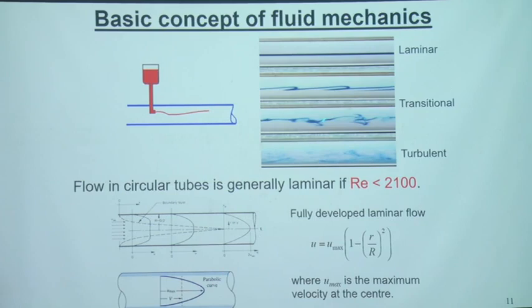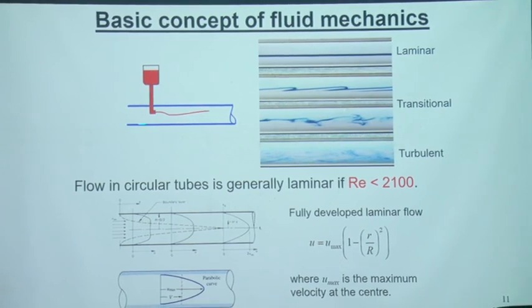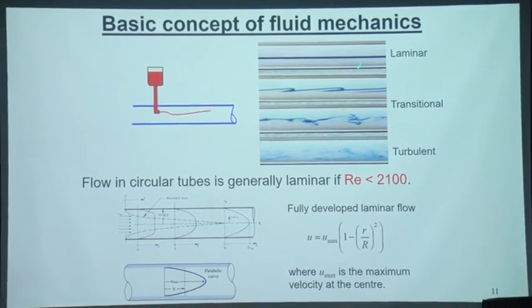So here is a cartoon that I took from a website where it describes very well the flow patterns in laminar flow, transitional flow, and turbulent flow. This is a simple experiment using dye at different Reynolds numbers.